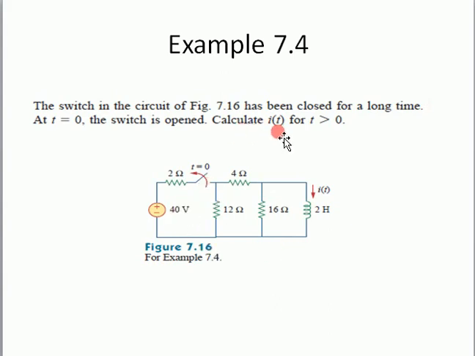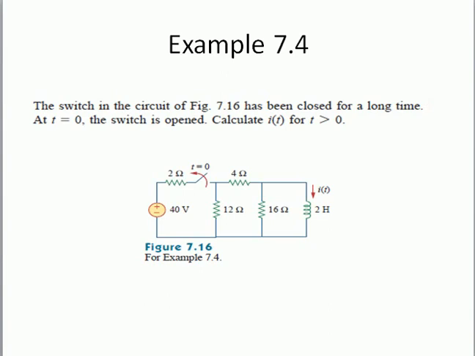So we have to calculate i(t) for t greater than 0. First of all, when we do this question, we see there is a DC source present here, and we know that any inductor behaves as a short circuit for a DC supply.